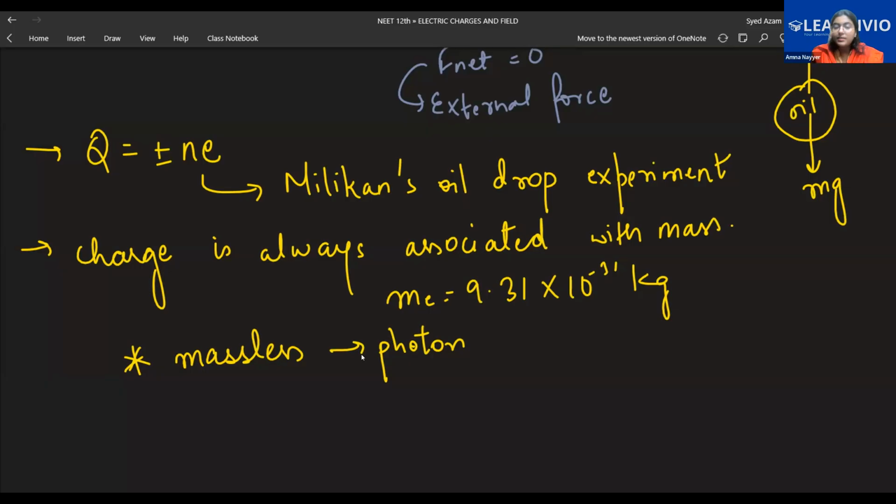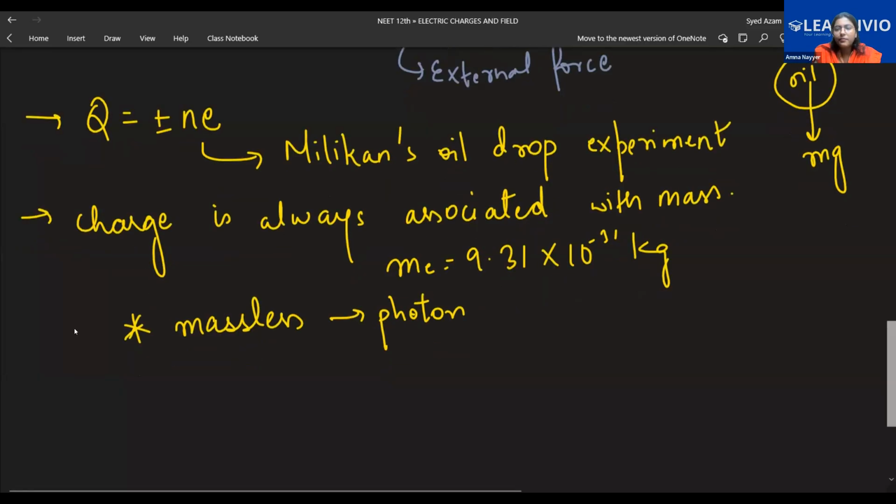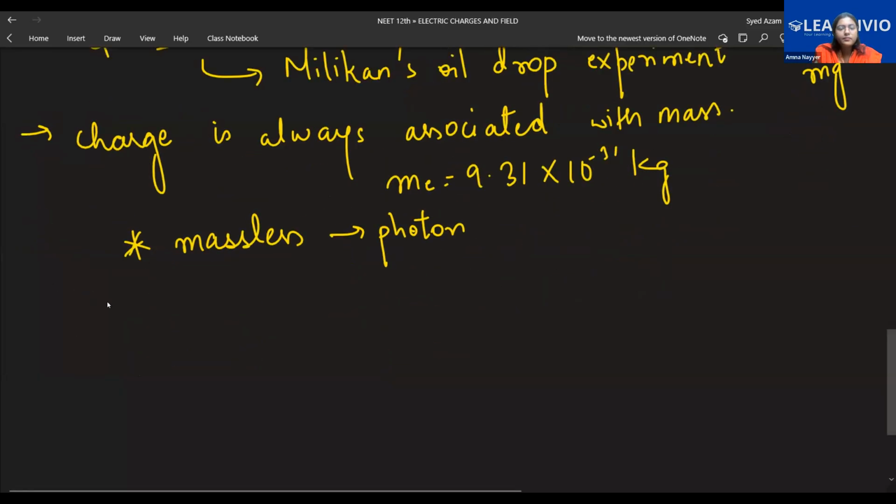Protons have their mass, electrons have their mass. But if I reverse this, mass without a charge, masses can exist without charge. Can you give me an example? Think of an element.